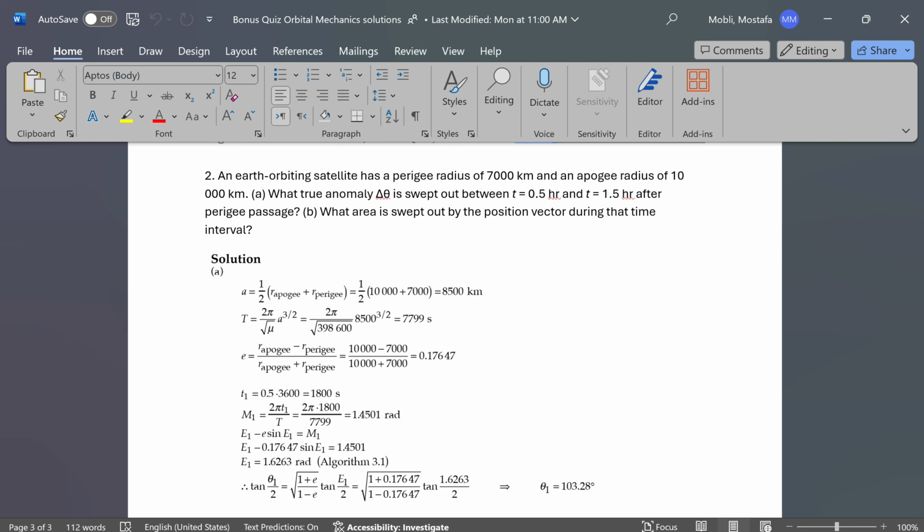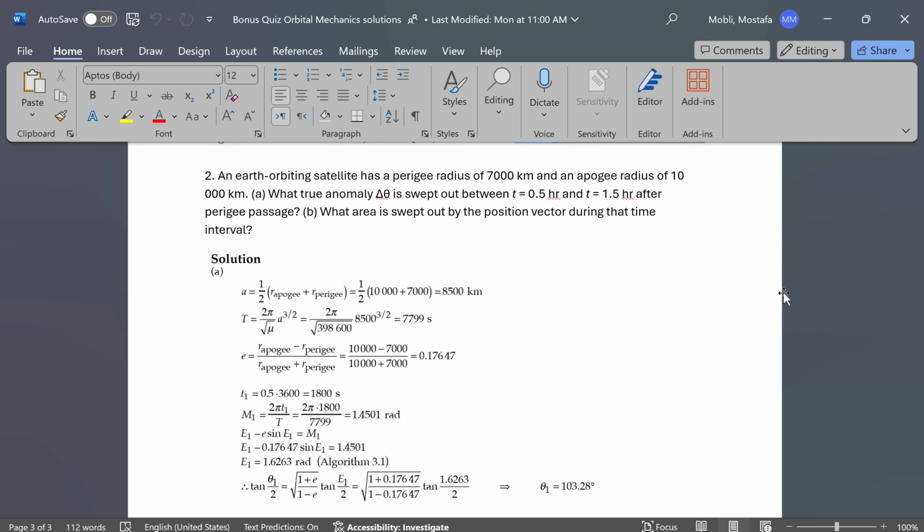E equals 2 inverse tangent of the square root of 1 minus e divided by 1 plus e times tangent of theta over 2. Let me actually write it as a function of E, which is a more common one. So we can say tangent of theta over 2 equals the square root of 1 plus e divided by 1 minus e times tangent of E over 2. Right?